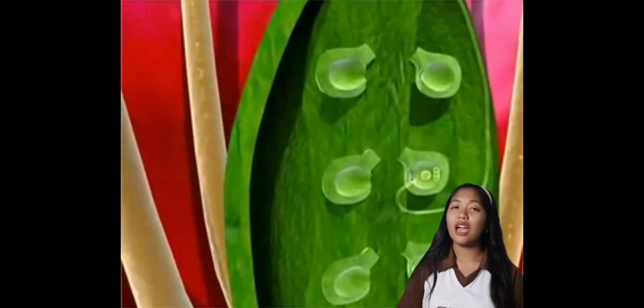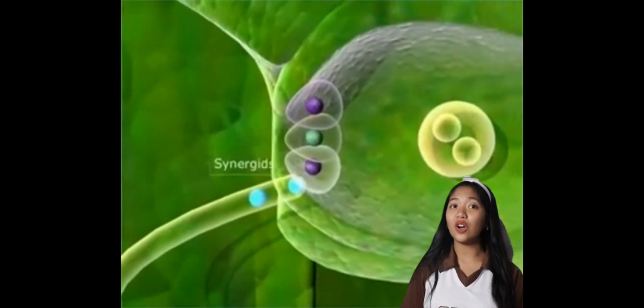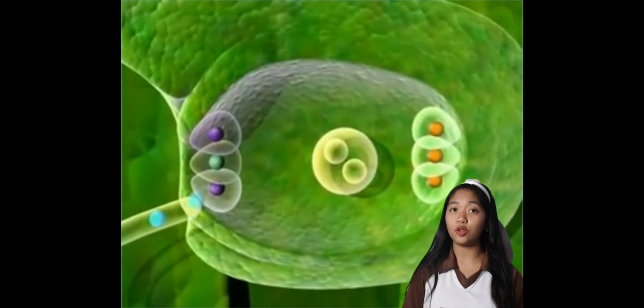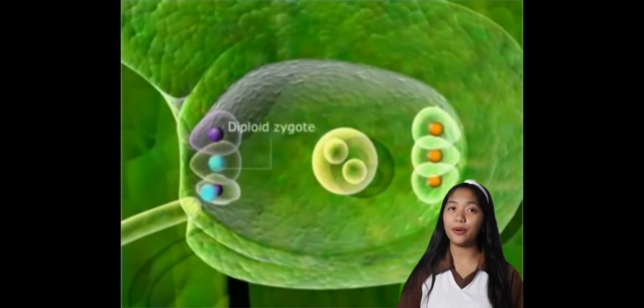After the pollen tube enters the ovule, it discharges the two male gametes. It carries them into the synergids of the embryo sac. This causes the synergid cells to rupture, thus leading to the fusion of a male gamete with the egg nucleus. Due to this fusion, a diploid zygote is formed which gives rise to an embryo.